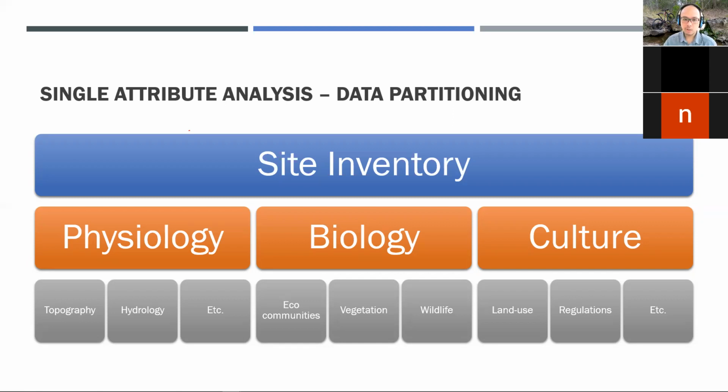The location and attribute information for each map unit is stored as tabular data. And the analysis of an individual attribute layer involves partitioning the spatial distribution of these attribute values.